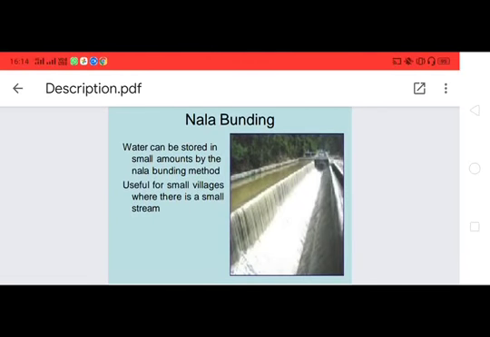This type of nala bunding is also created to disturb as well as store the water.